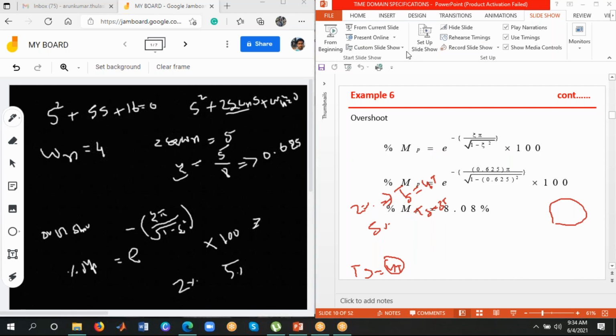So this is the value of peak overshoot. You will get 8.08. Okay, so you have to find it like this.